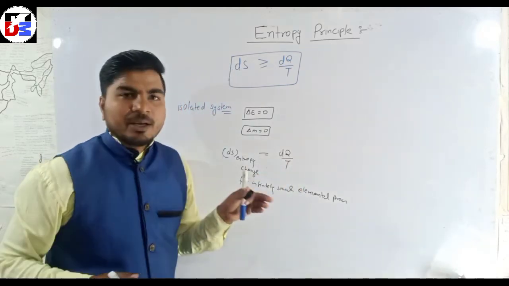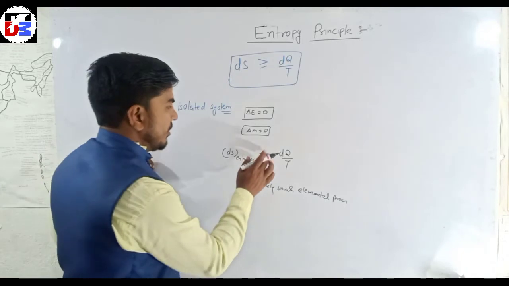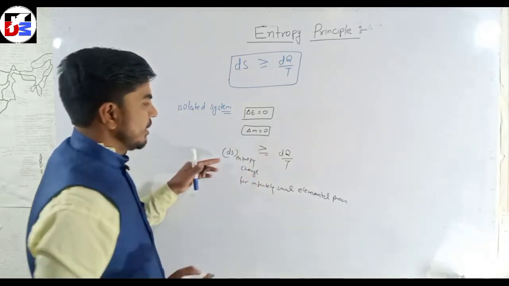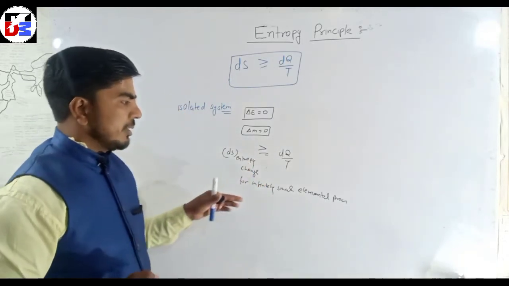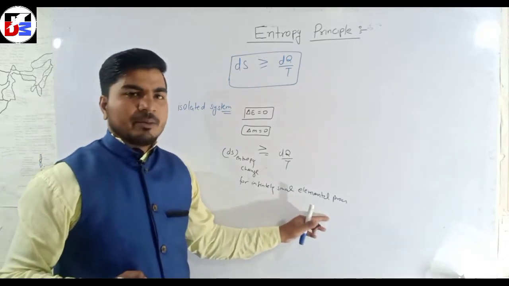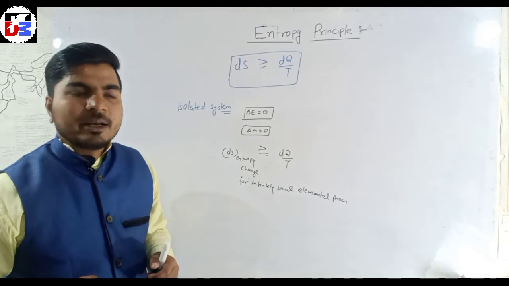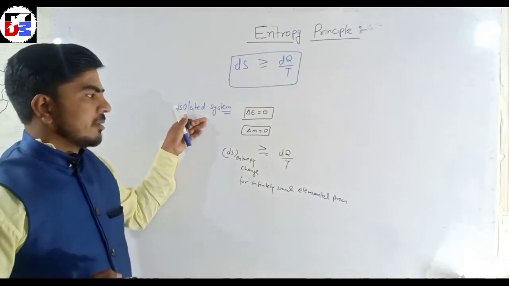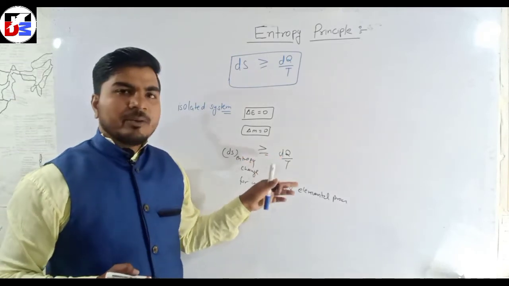If it is irreversible, then we get dS is greater than dQ by T. But if we take the isolated system, then dQ is zero.